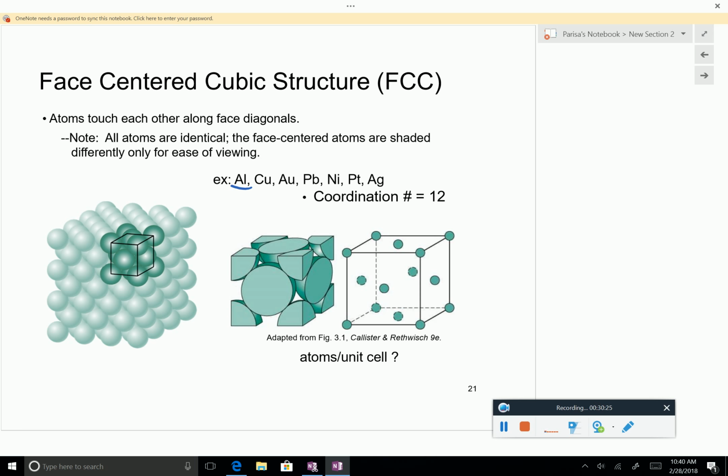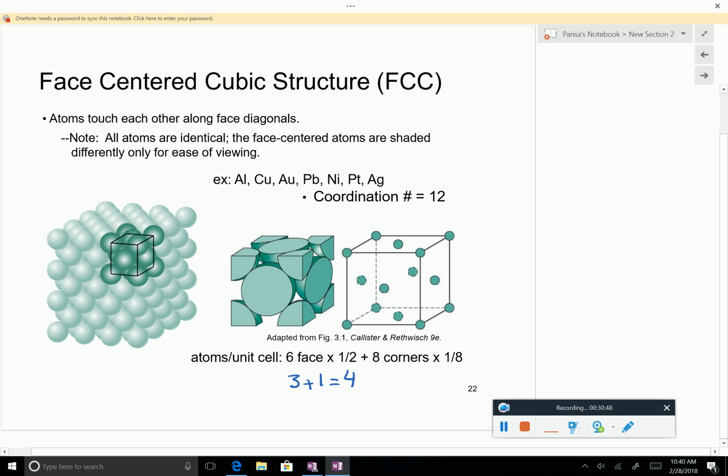4? There are 4. So you see 3 plus 1, 4. This is how I put it. So we have like 6 on the faces, each one is half. So this gives us 3, and then 8 at the corners, 1/8 each is 1. So 3 plus 1.